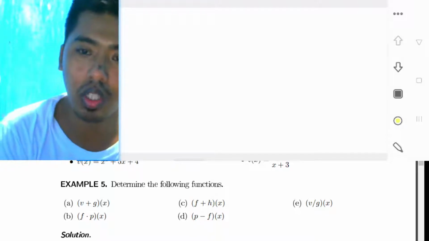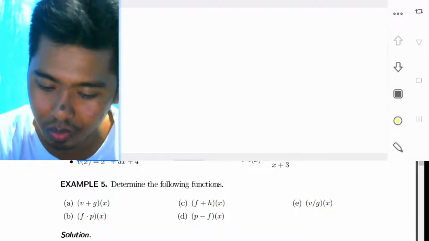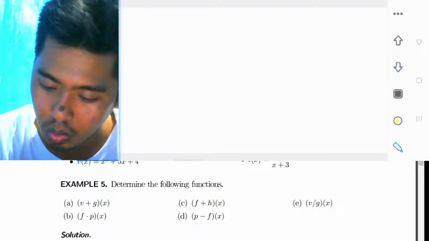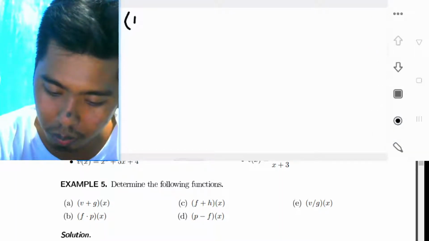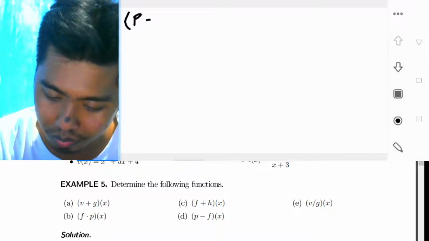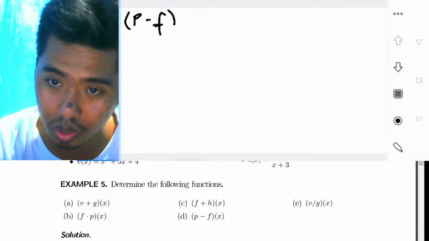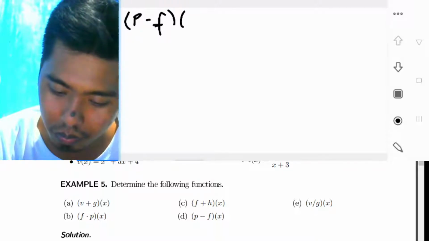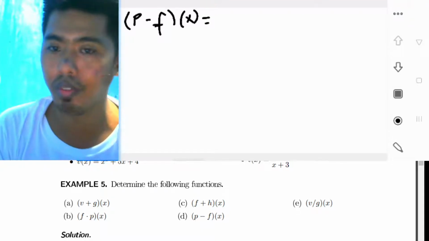So that would be P of F, or the quantity of P minus F. That would be x, so basically that would be P of x minus f of x.